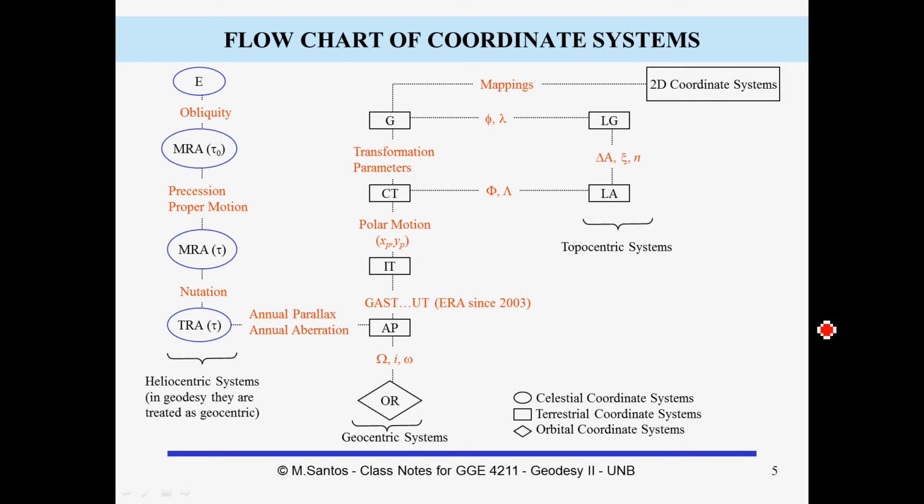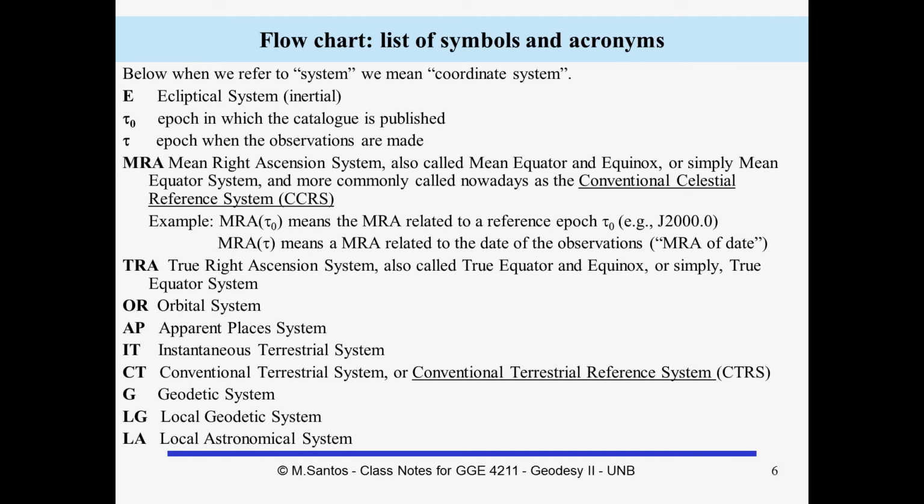So basically the parameters that we have indicated in red are parameters that are going to be used when we deal with the coordinate transformation. If we have coordinates in this LG local geodetic system, and then we want to go to the G system, for example, we require rotation matrices, and geodetic latitude and geodetic longitude are the parameters in this case.